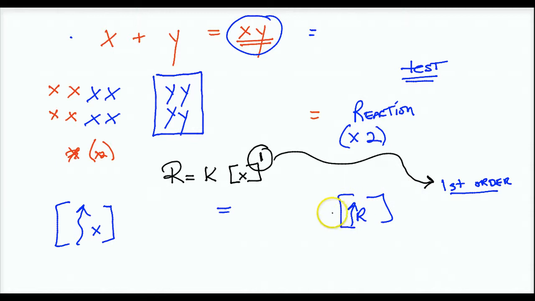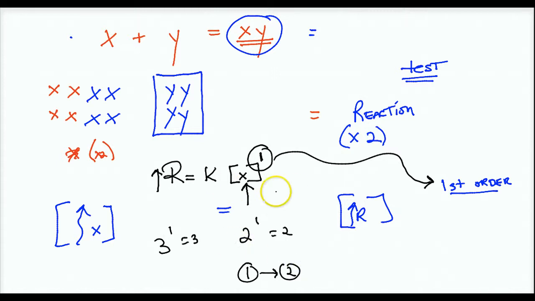Now you should know anything to the first power: 2 to the 1 is 2, 3 to the 1 is 3. So whatever changes you make in x, it's going to make the same change in r. So if x doubles, if 1 becomes 2, because you have the order of 1 here, when you go from 1 to 2, you're going to double x, and r, with the first power, means you're going to double r.